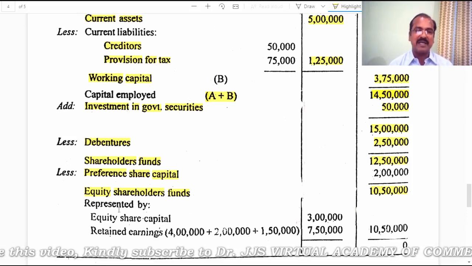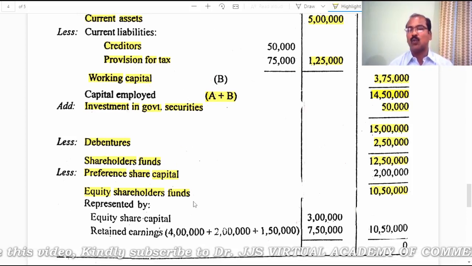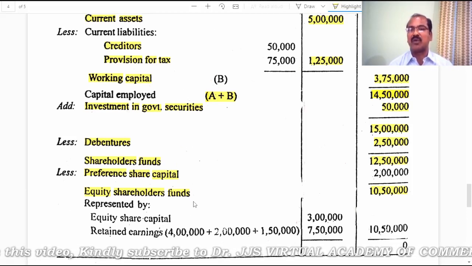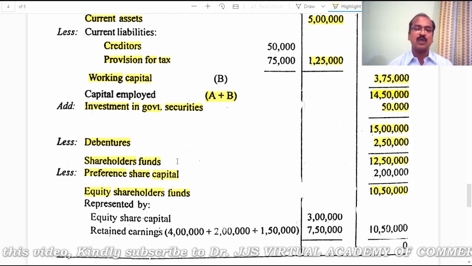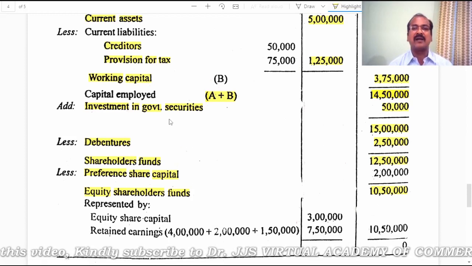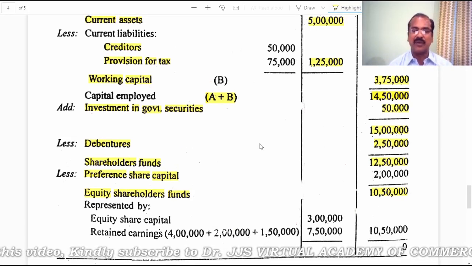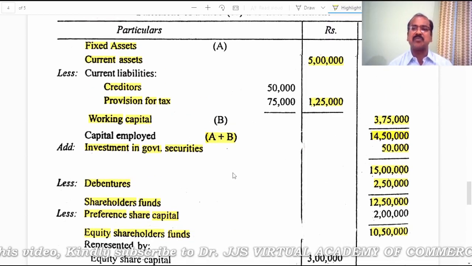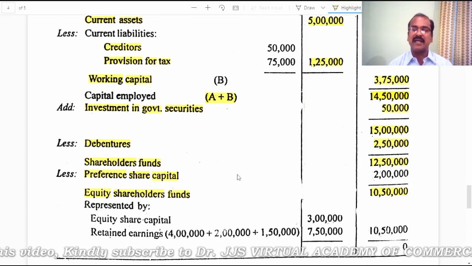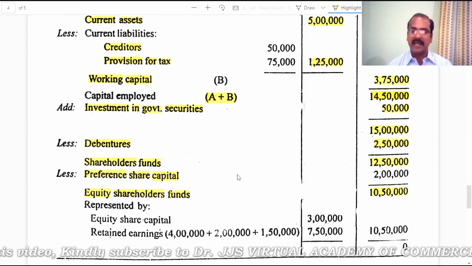Therefore, the second part here is done to verify whether we have calculated the capital employed correctly or not. So you can do it either this way or the first way. Whatever is convenient for you, you can very well follow. But here, both the ways are presented for facilitating easy calculation of the ratios.